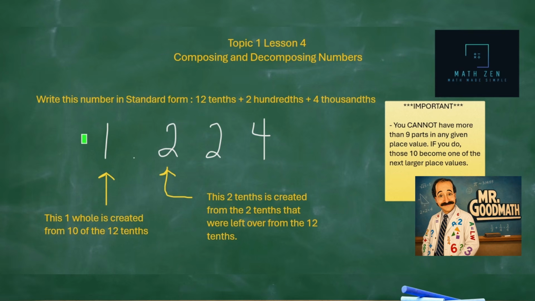So that's just one way that I illustrate that to my students. I tell a little story about, okay, these guys grew up to become the next biggest place value, and then the next, and the next, and so on and so forth. Also, like I had mentioned, pictures and actual base 10 manipulatives work wonders for this lesson. Now, moving on to the next slide, I'm going to be walking you through a couple more of these examples.